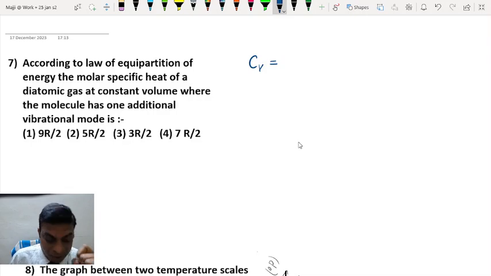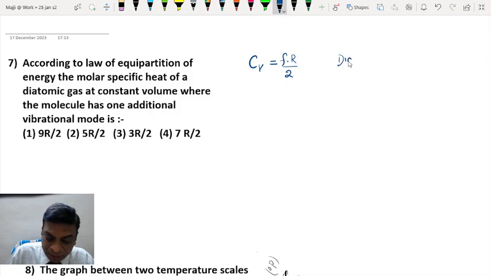Again, I repeat, the molar heat capacity at constant volume of a gas is equal to the amount of heat or energy required to raise the temperature of 1 mole of the gas through 1 degree Celsius or 1 Kelvin at constant volume. You can straight away remember this formula as fR by 2, where f is the number of degrees of freedom. So if you know the number of degrees of freedom, you just have to substitute it.